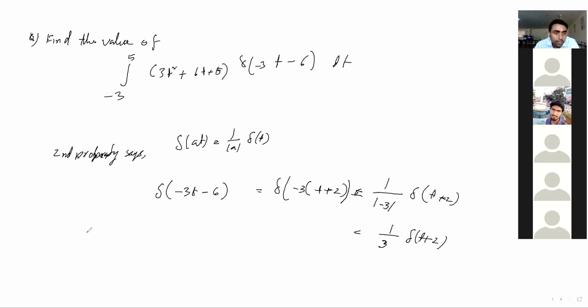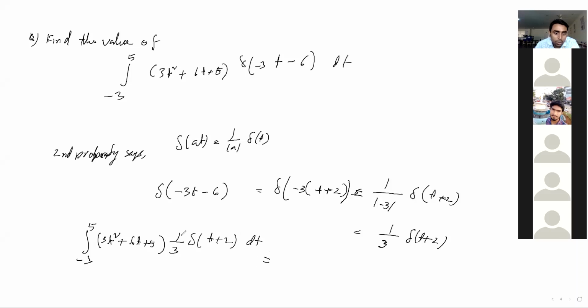So now the integration from −3 to 5 of (3t² + 6t + 5) has 1 by 3 in place of that function, times δ(t + 2) dt.